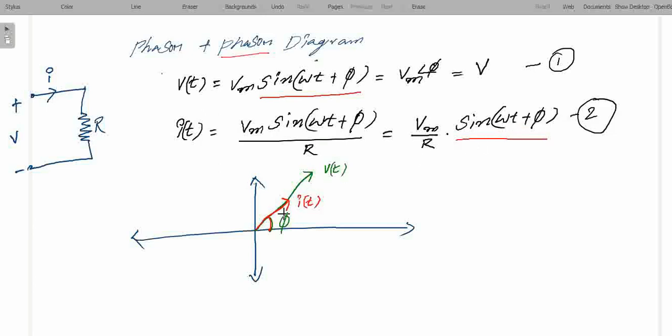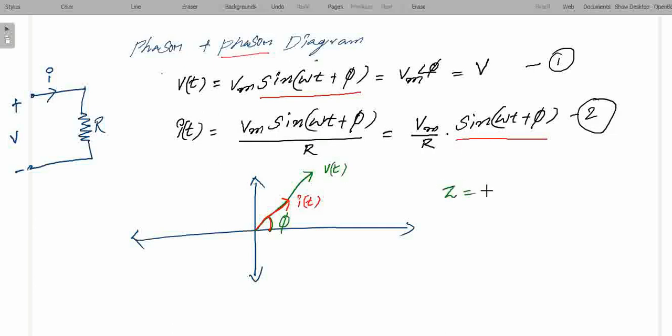So from this we can say that there is no phase difference between V of t and I of t. V of t and I of t are in phase if the circuit is a purely resistive network. Then we will find the impedance.